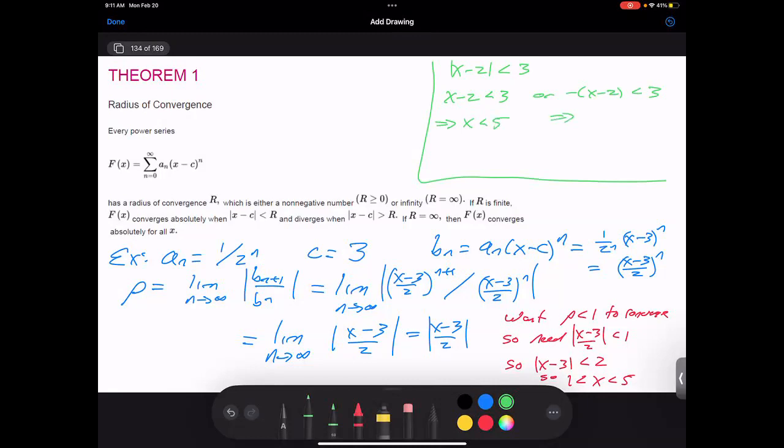And in the second one, I get negative x plus 3 is less than 2. Negative x is less than -1. X is greater than 1. So if I look at the real line, here's 3. The first one, x less than 5, that's going to give me going like this. For the second one, I have x is greater than, did I make a mistake?